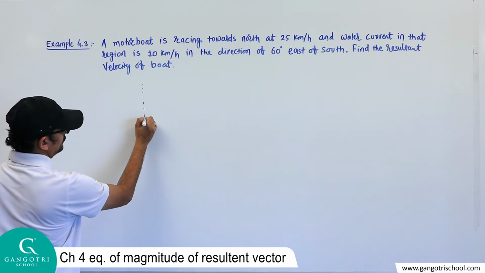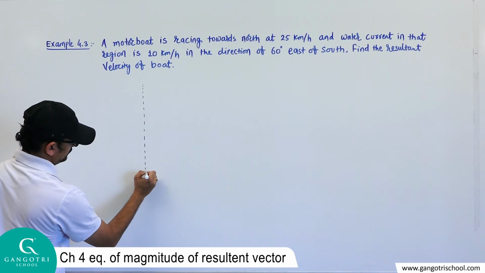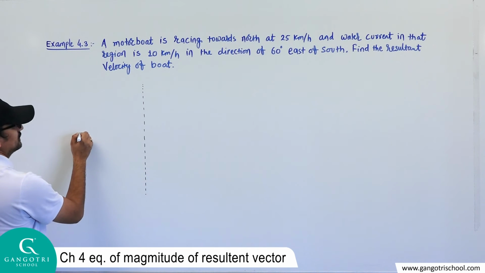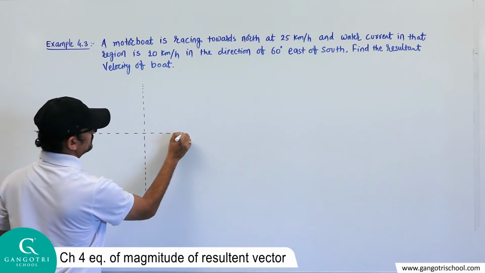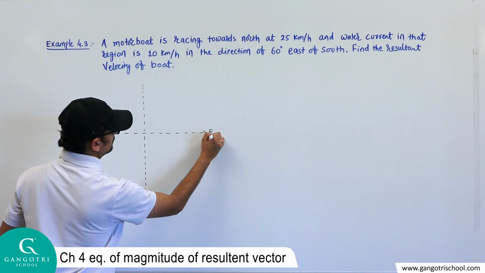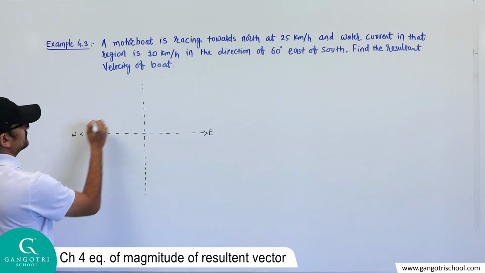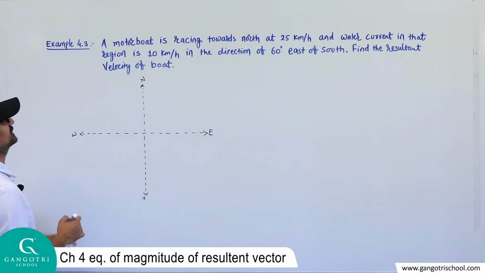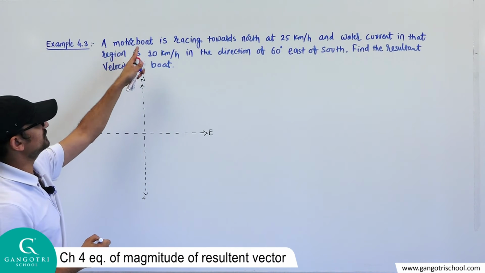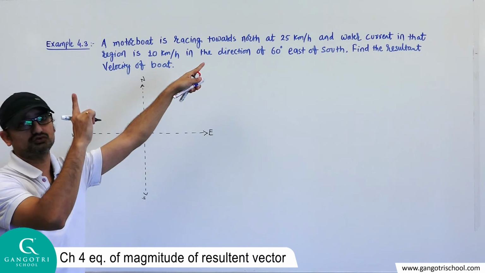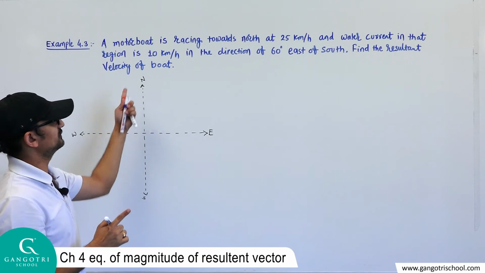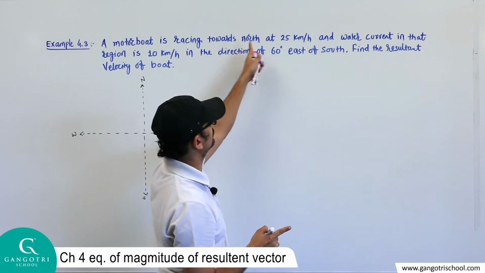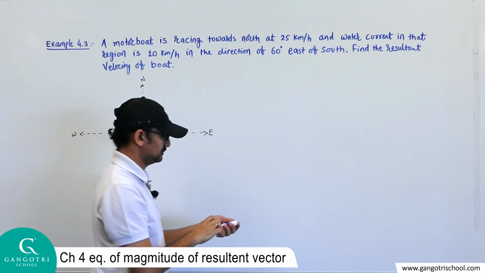Consider first of all east, south, west and north. So this is east, west, north and south. Now again read the question. The motorboat is going towards north with the speed 25 km per hour.